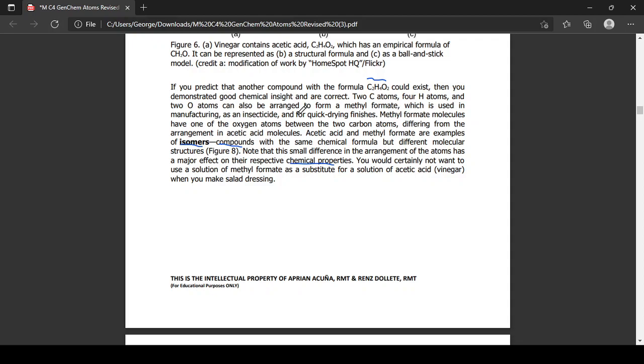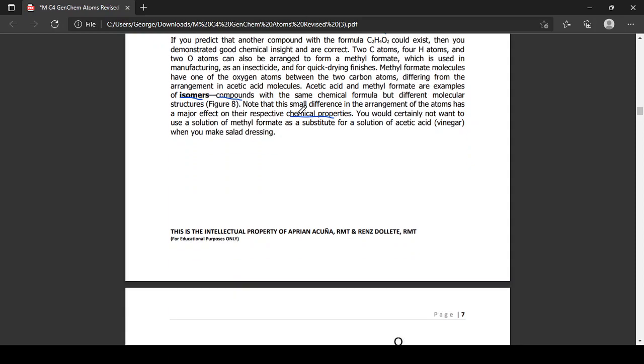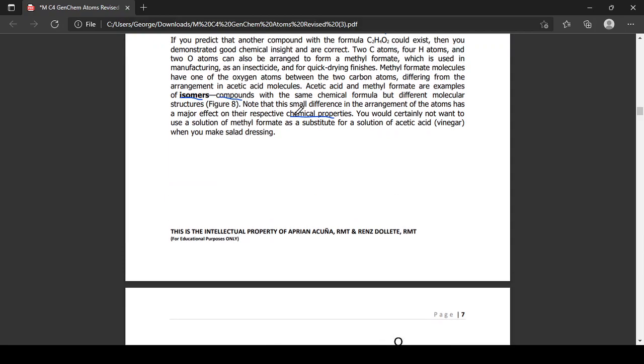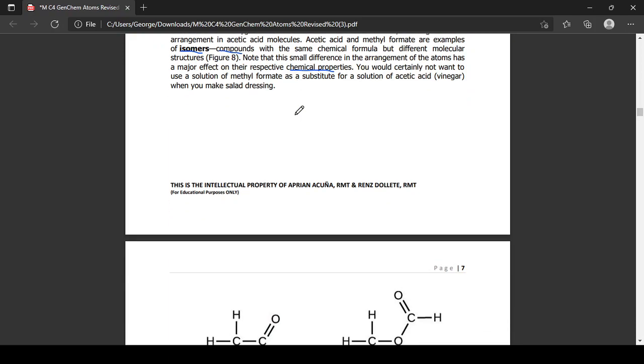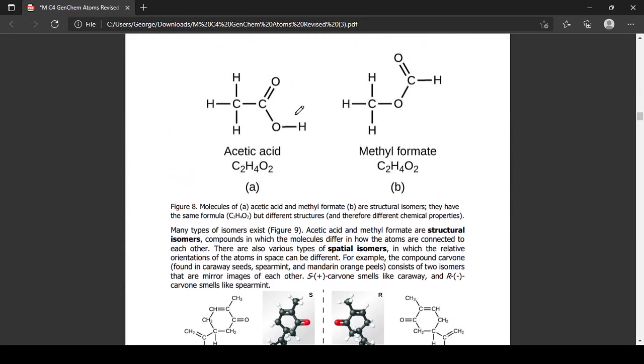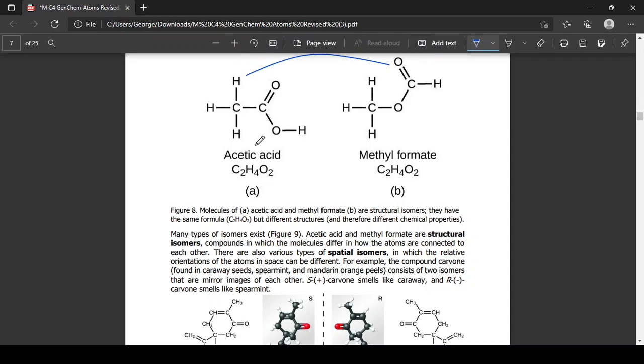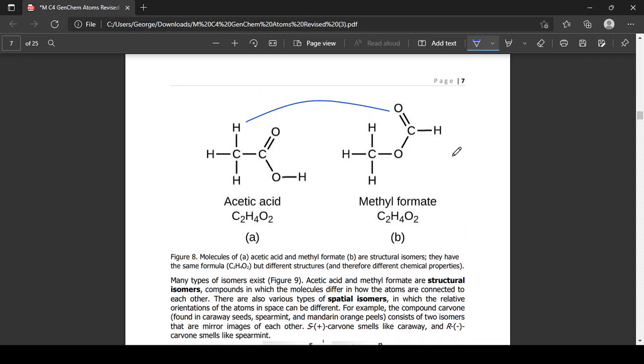You would certainly not want to use a solution of methyl formate as a substitute for acetic acid or vinegar when you make your salad dressing, because kids, acetic acid can be consumed but methyl formate cannot be consumed. So again, it is dangerous to our bodies. Check it. They are the same, kids. Both are C2H4O2, but the structure and how it is arranged is different.